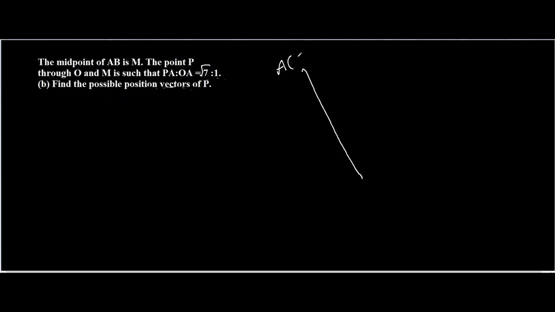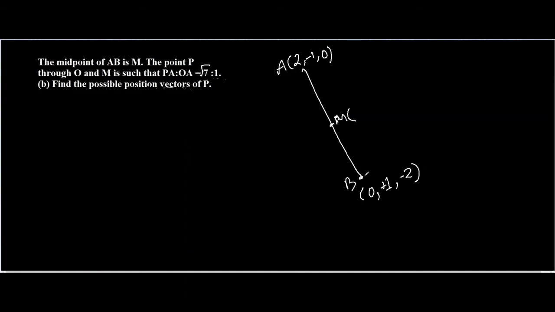It was 2, minus 1, 0, because for a position vector, the head of the position vector gives the coordinates. And B is 0, 1, minus 2. So the midpoint M will be somewhere here.